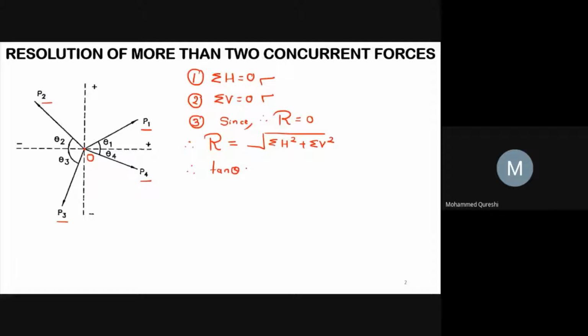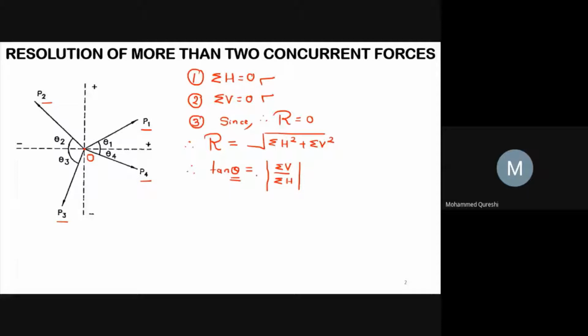Capital R equals the square root of sigma H squared plus sigma V squared, and we can find the direction by tan theta equals summation of V upon summation of H. What is theta? Theta is nothing but the angle of the resultant with the horizontal. Remember this.